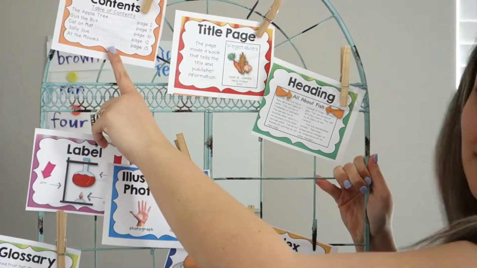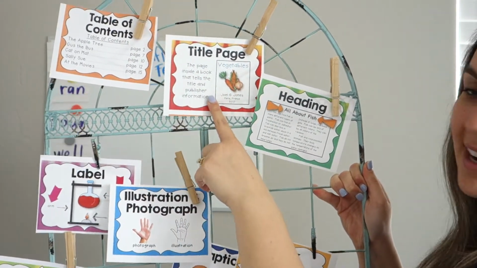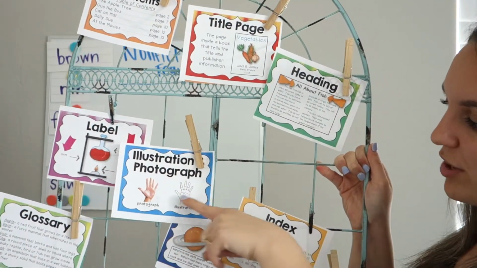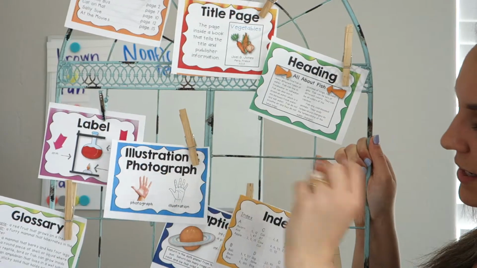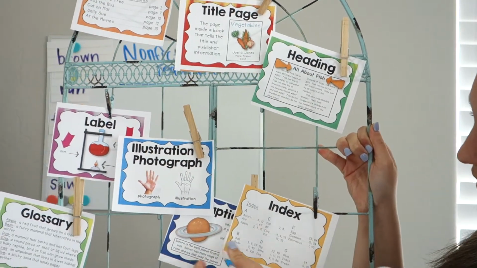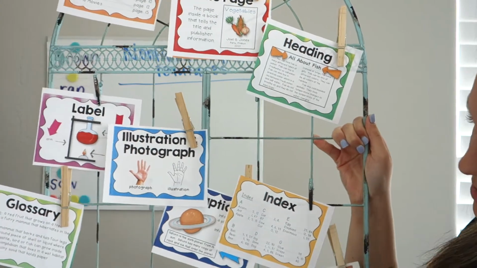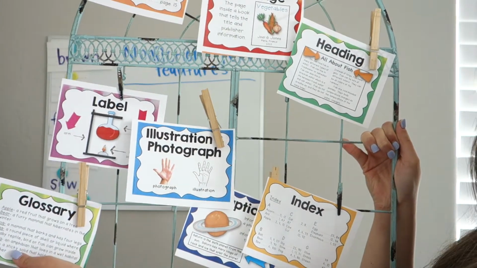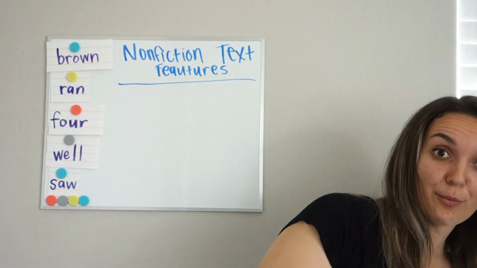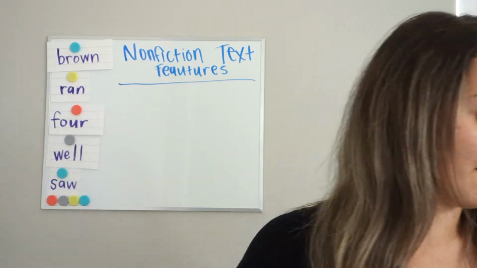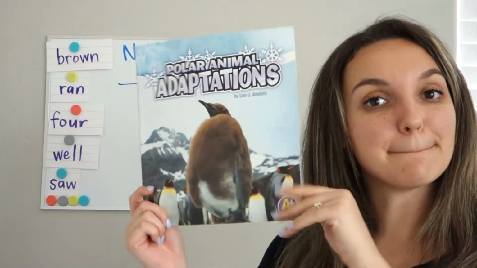So we have the table of contents, title page, headings, labels, illustrations and photographs, index, caption, graphs, maps, and a glossary. Alright, so if you need to take some time to review that, you can go back to the earlier videos, but today we're just going to be looking for these nonfiction text features in a book.